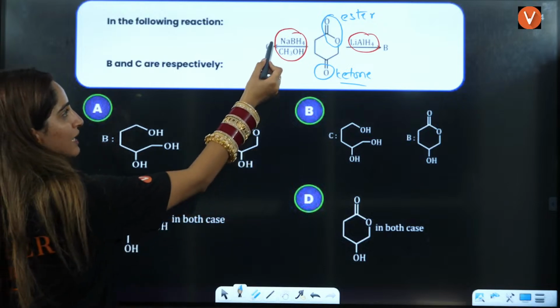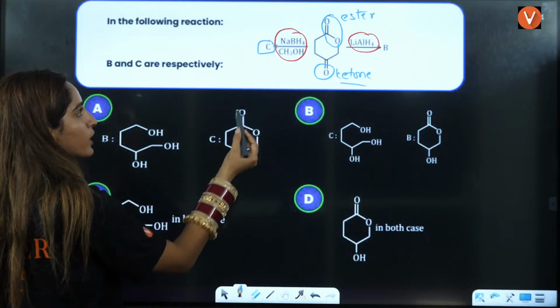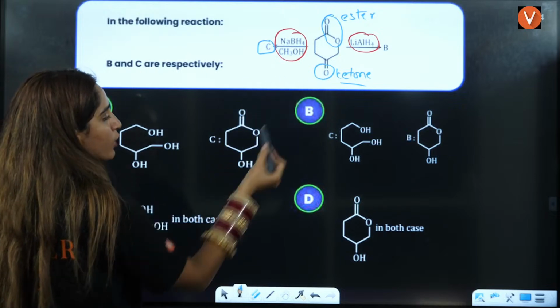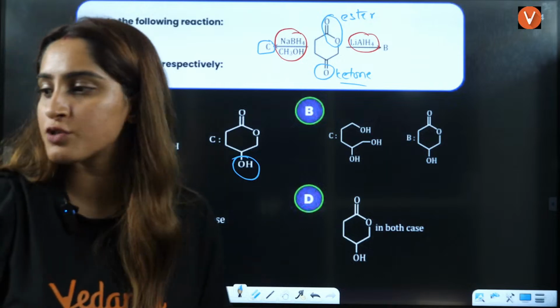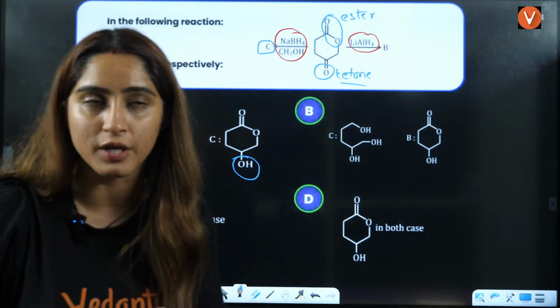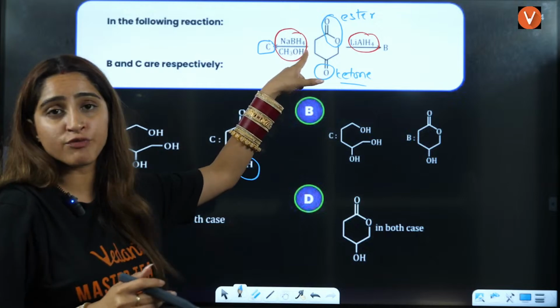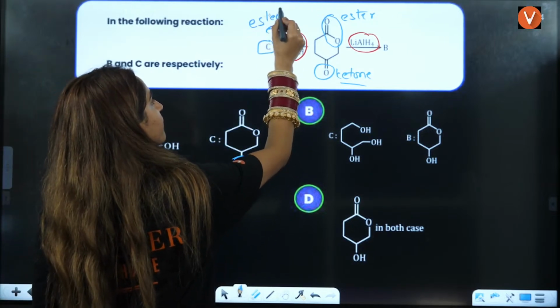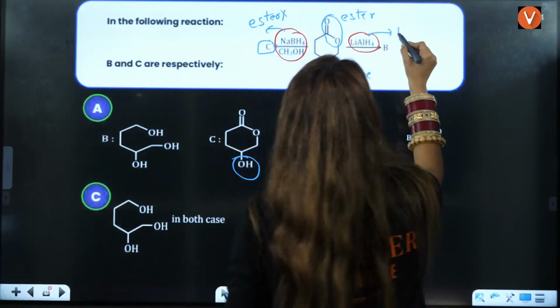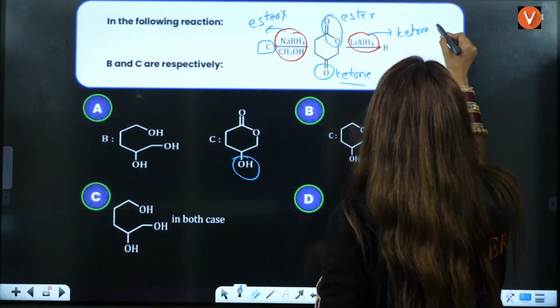So when you have NaBH4, that is product C, you are only going to reduce this double bond O, because both are reducing agents. LiAlH4 is also a reducing agent, NaBH4 is also a reducing agent. But NaBH4 does not reduce ester. LiAlH4 will reduce both ketone and ester.